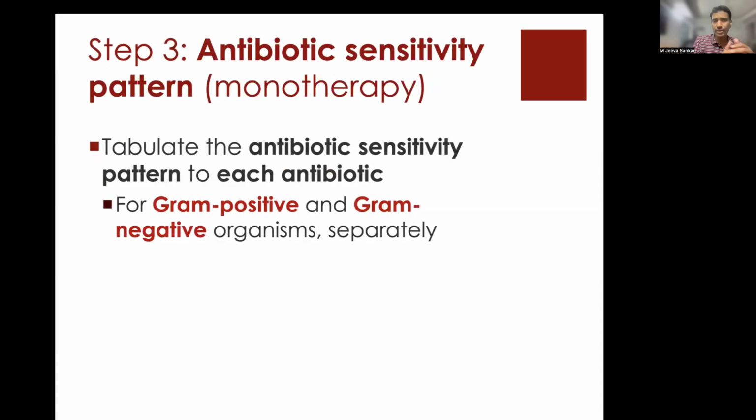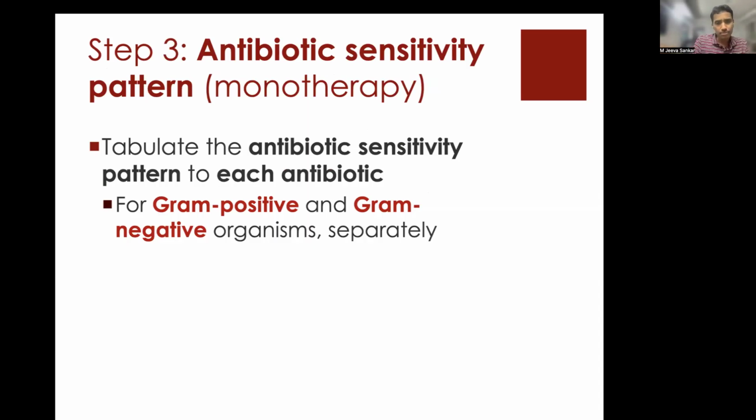Then step 3 is to have the antibiotic sensitivity pattern for monotherapy, the single drug. For each drug, you create a frequency table, so you tabulate the antibiotic sensitivity pattern to each antibiotic. Again, gram-positive organisms separately and gram-negative organisms separately. Because, for example, vancomycin we don't test for gram-negative organisms, and there will be other drugs which we won't test for gram-positive organisms.